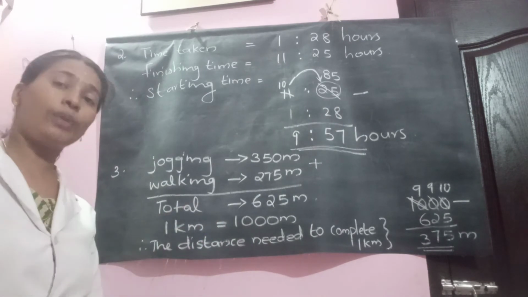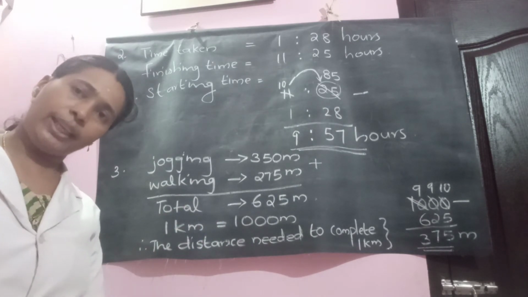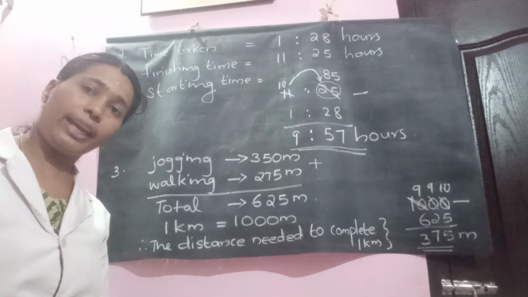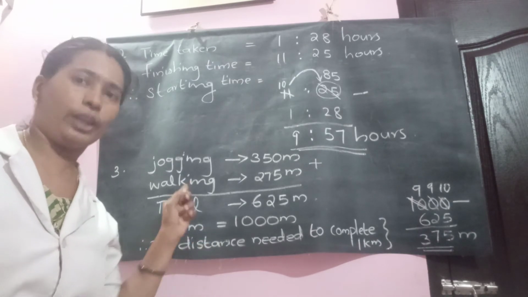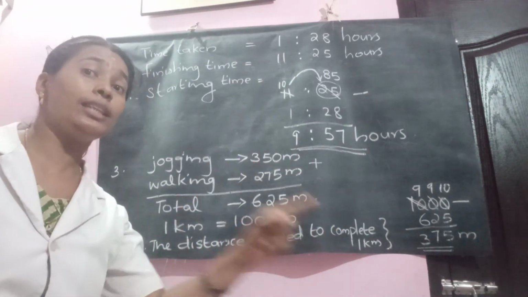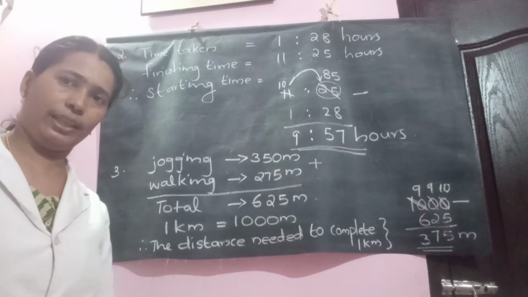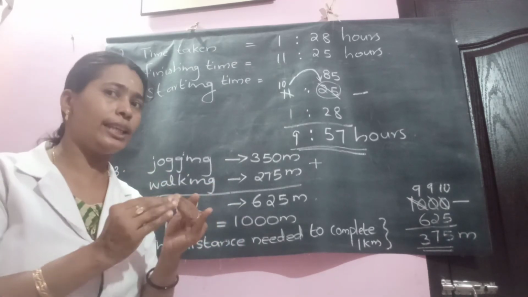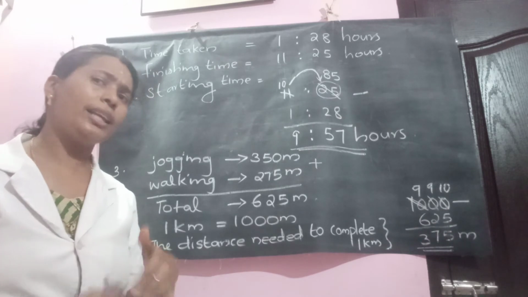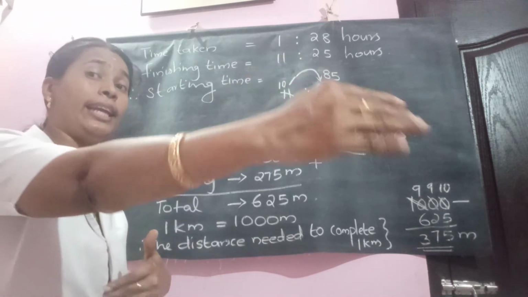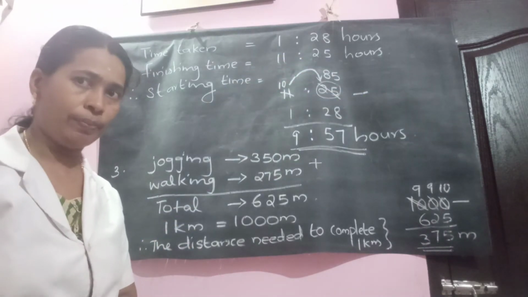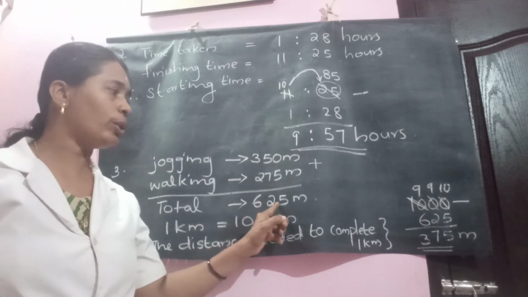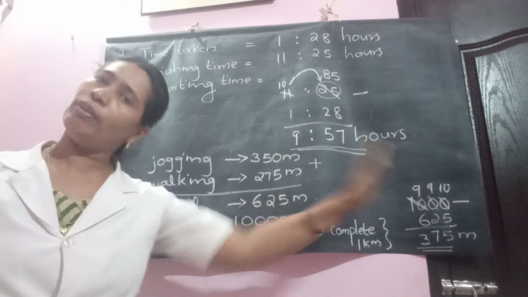But what we have to calculate? The question is, what is the distance remaining for him to reach 1 kilometer? For reaching 1 kilometer, some distance is pending. 625 meter has been covered by him.